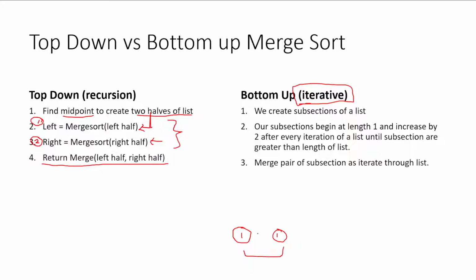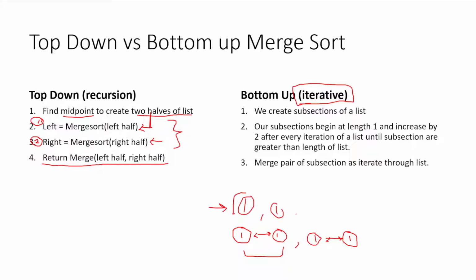And after every time we merge and sort those pairs of subsections together, then we go back through the list again, and this time we will increase those subsections by 2. And I don't mean by adding 2, but by the power of 2.